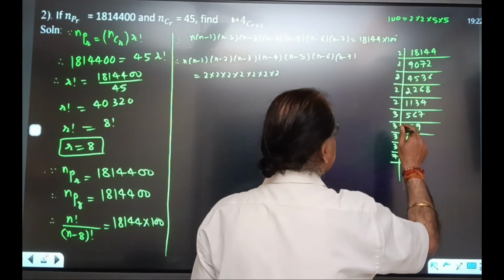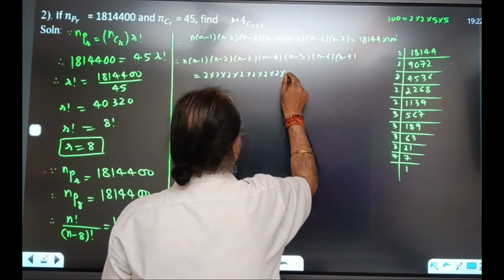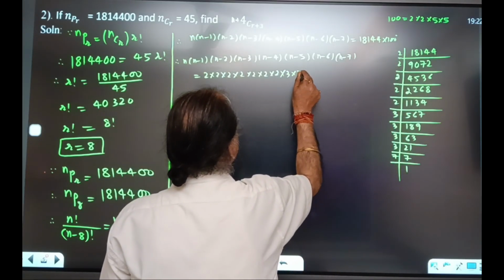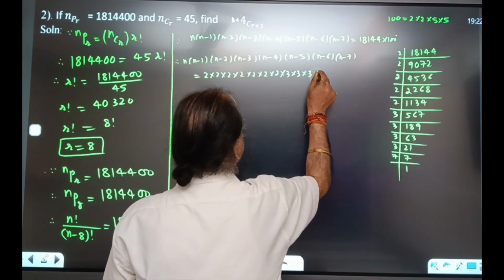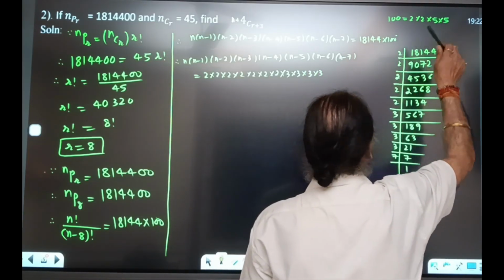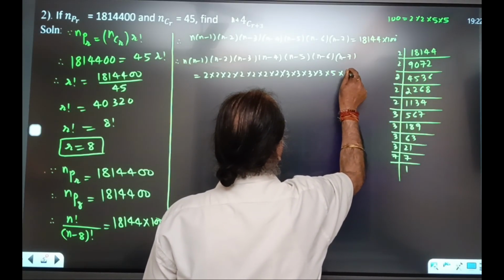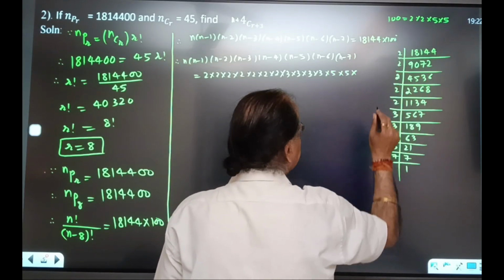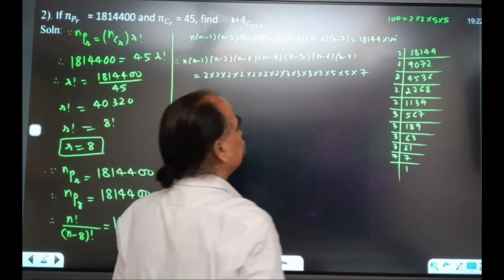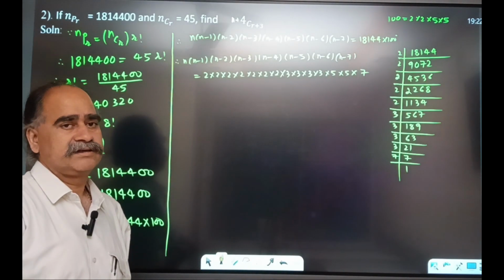Then how many threes are there? 4 threes: 3 into 3 into 3 into 3. And 2 fives are there, into 7.